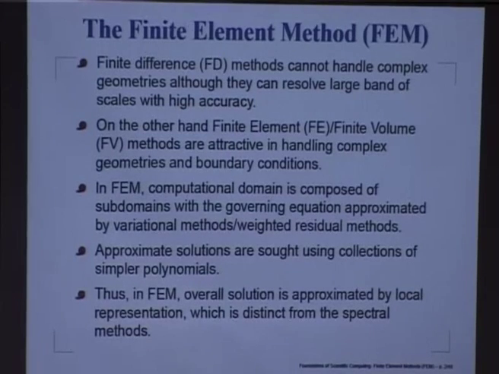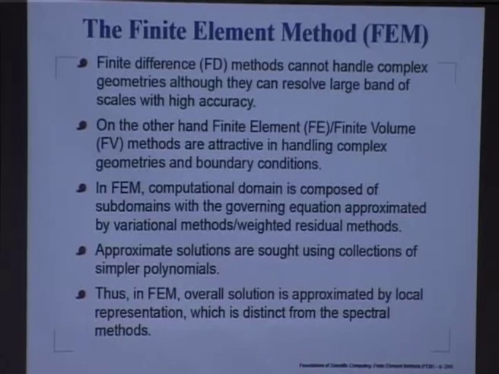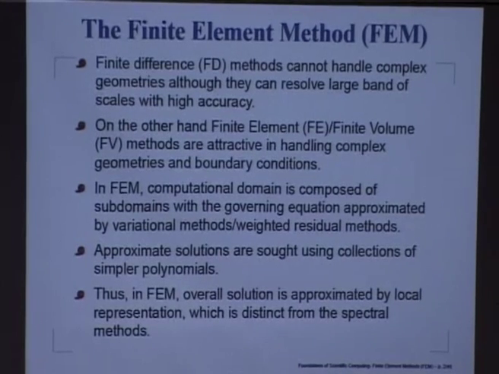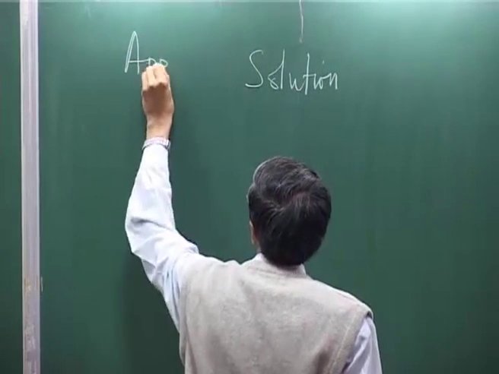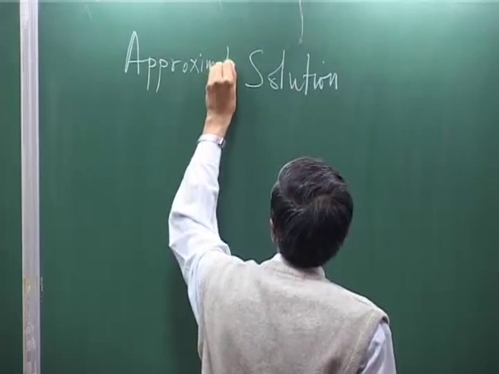One of the things that distinguishes FEM and this class of FEM, FVM and FDM versus, let us say, the spectral method is the solution method itself. What we saw is that if we are looking for a solution, then we start off with some kind of approximation. That is our goal.